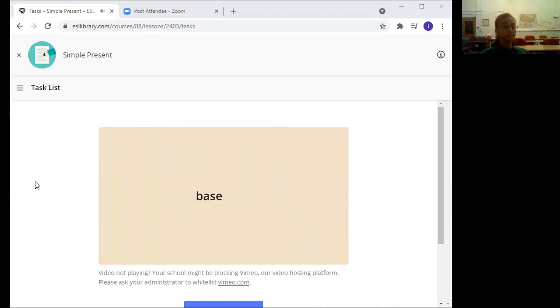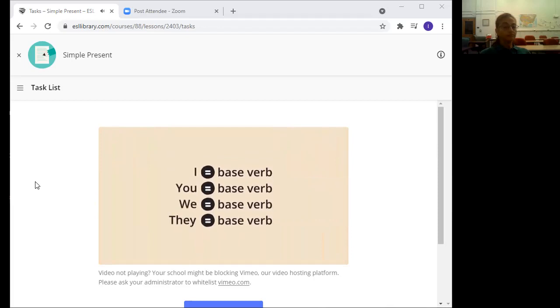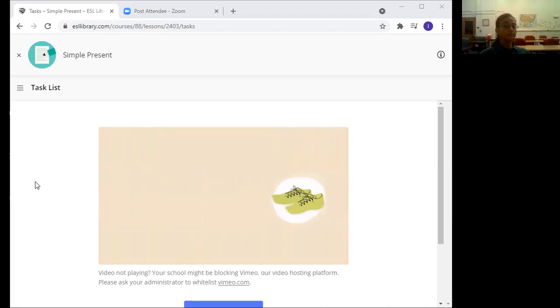We use a base verb when the subject pronoun is I, you, we, or they. I walk to school every day. You always drink coffee. We sometimes eat dessert. They study every night.